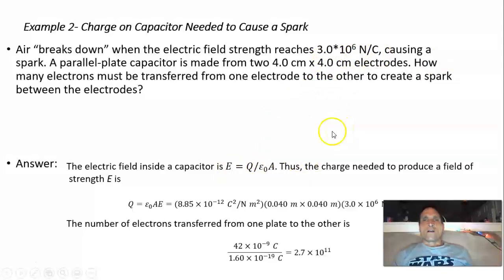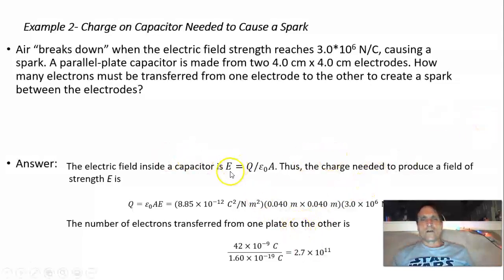This formula doesn't tell us directly, but we can solve for Q, the charge that must be transferred. If we know the charge and the charge of each electron, 1.6 times 10 to the negative 19 coulombs, we can calculate how many electrons must be transferred to produce the spark. So first let's solve this for Q.